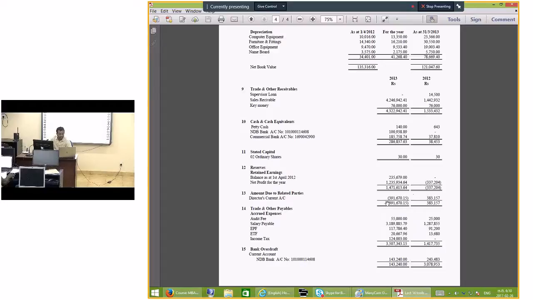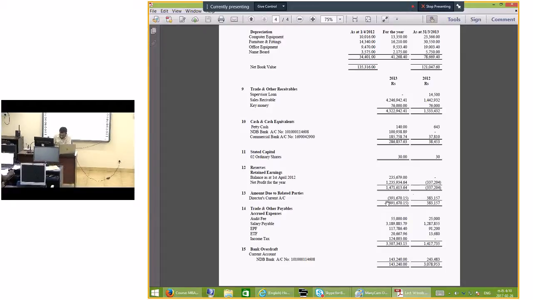Also, you can see another important one. What about the EPF and ETF? See whether it is correct. ETF expense is 190. 190 divided by 0.03, then the total salary should be around that. The salary is not matched with that.